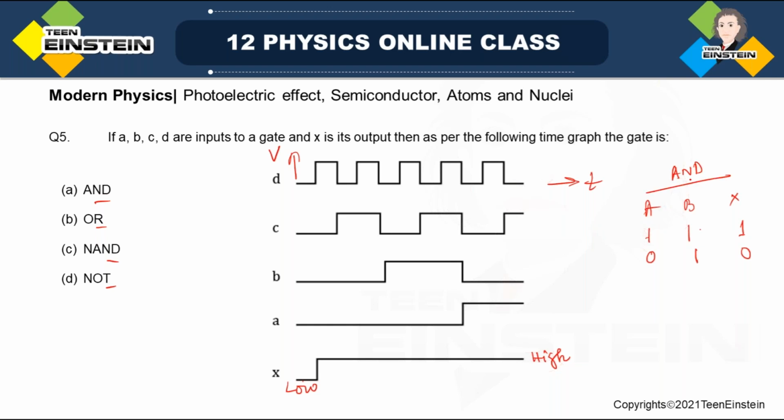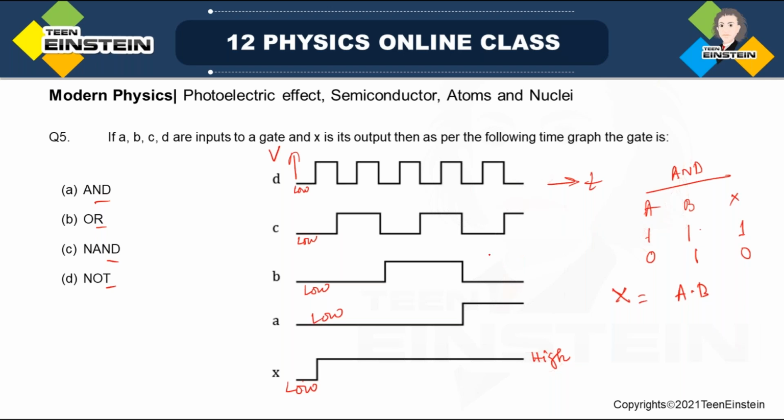Generally the output will be A dot B, that means if you multiply all of them, then what do you get? This is low state, this is also low, this is also low. If all of them are low, then you are getting output low during this time.